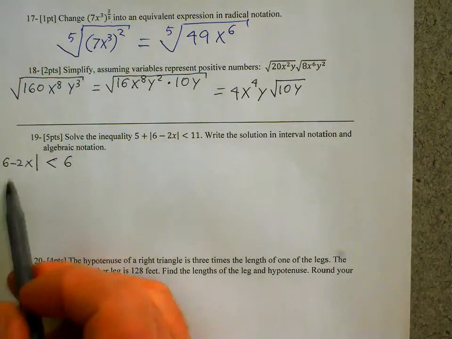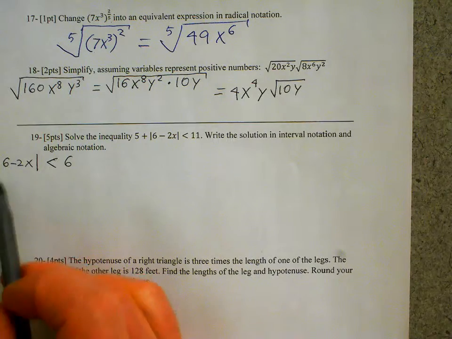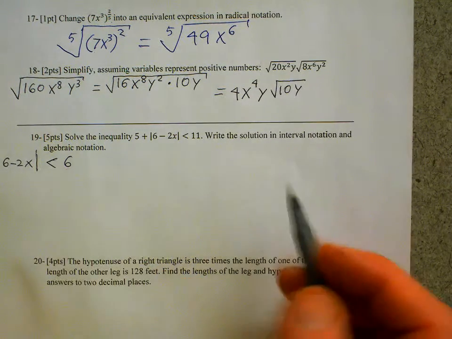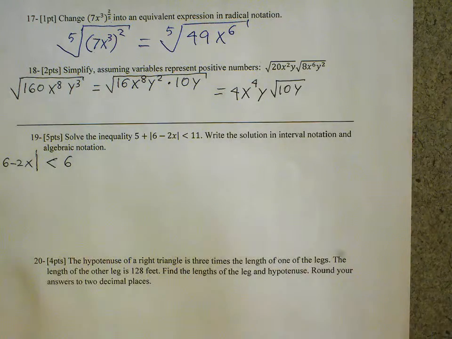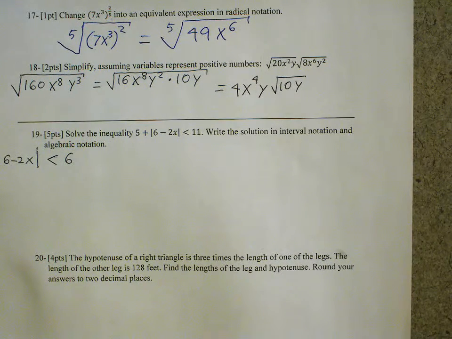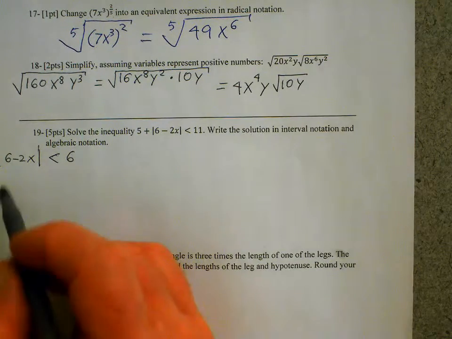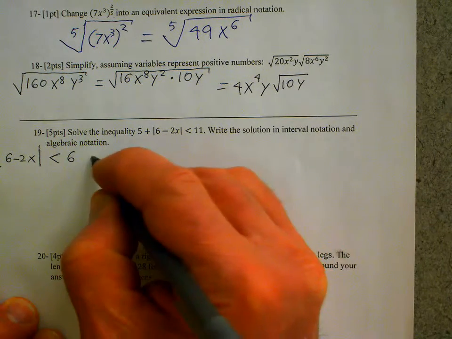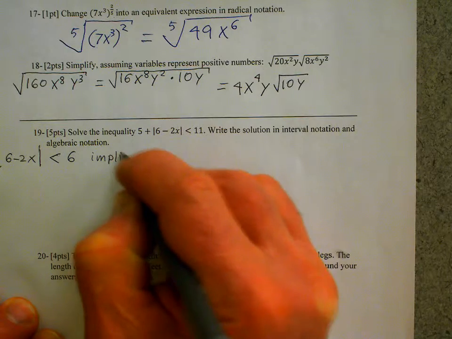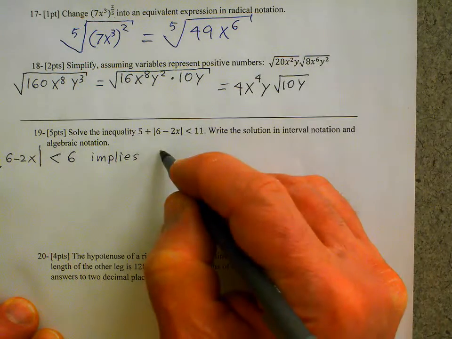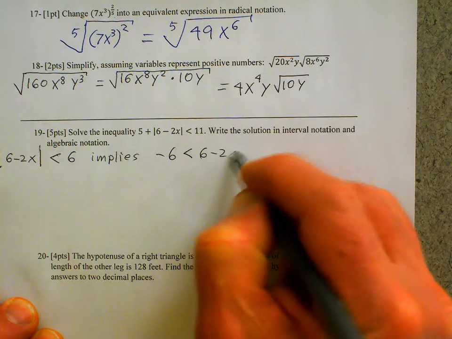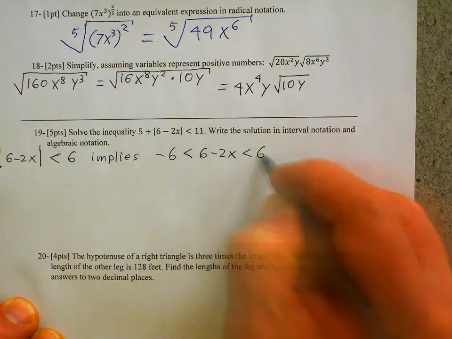If the absolute value of a number is less than 6, then that number has to be between -6 and +6. So -6 is less than 6 minus 2x, which is less than +6.